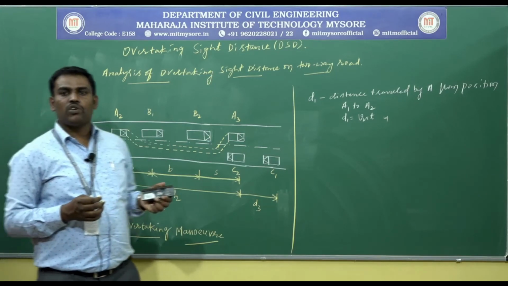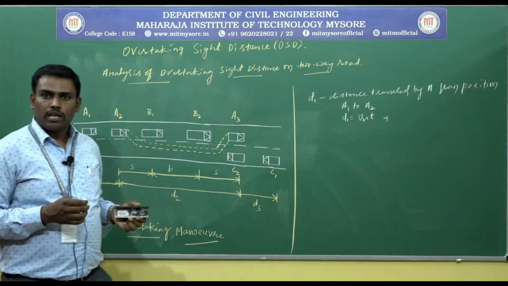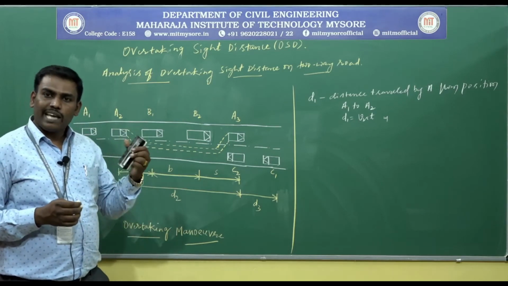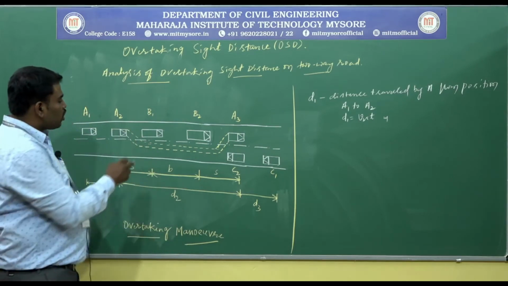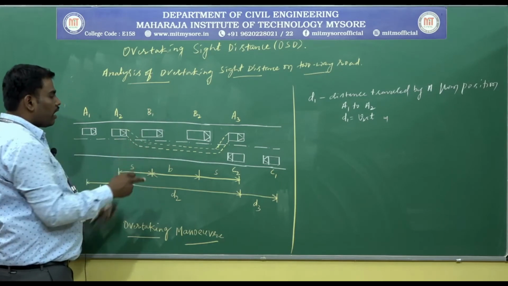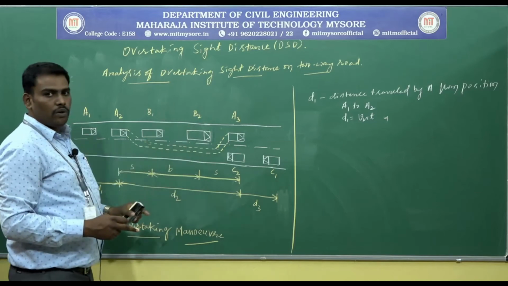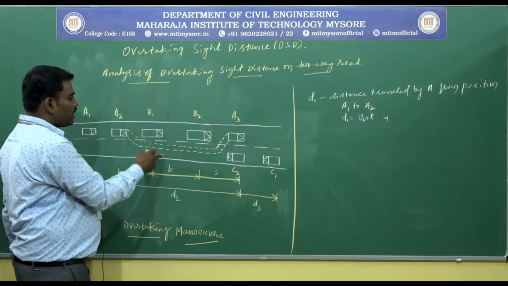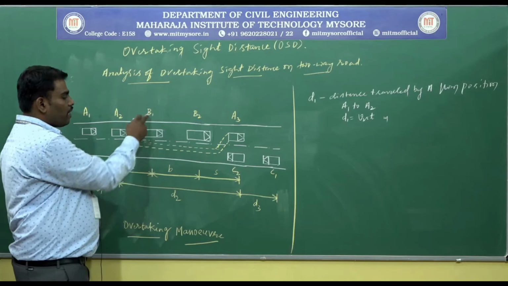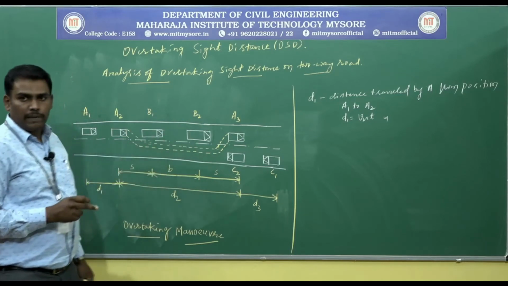Usually the overtaking time is denoted by capital T. During the capital T seconds, the slow moving vehicle B changes its position from B1 to B2, and the distance travelled by it from B1 to B2 is B.